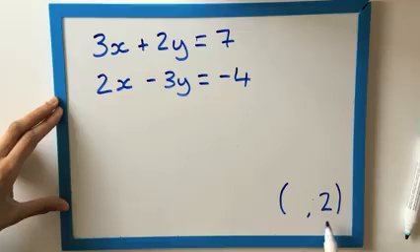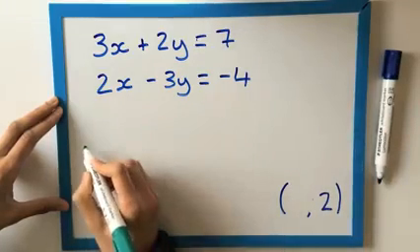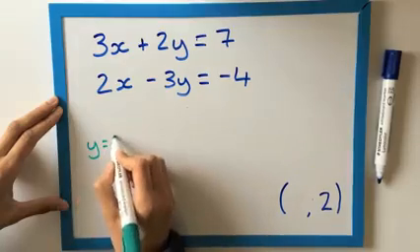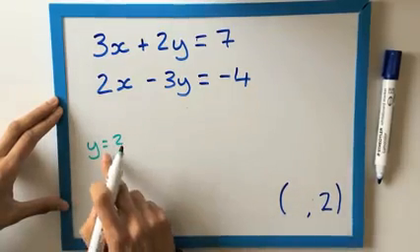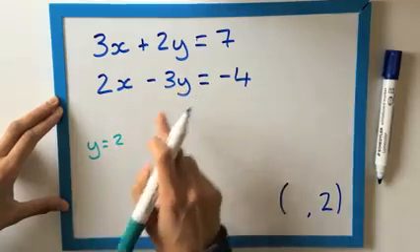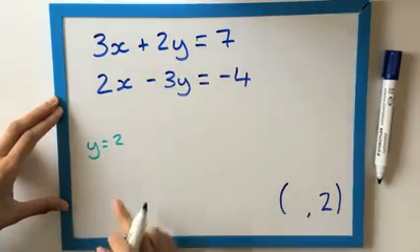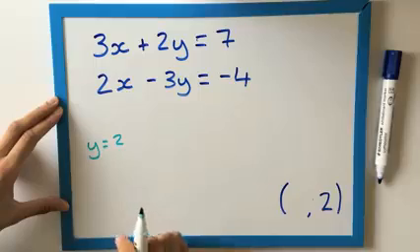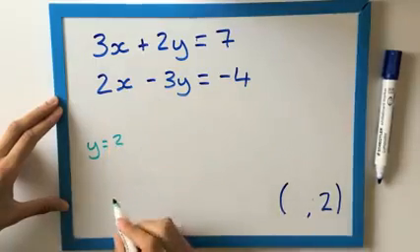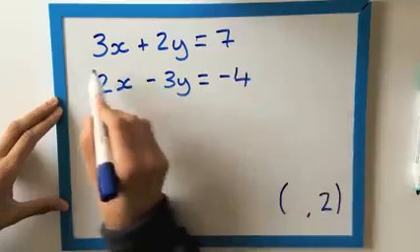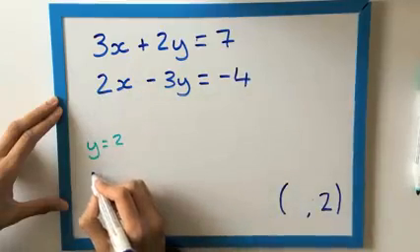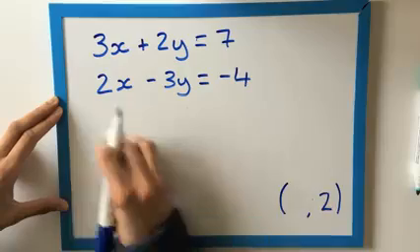Now the next step is to simply find the x point of the intersection of the two lines. Since we have our y point, which is 2, we simply need to substitute y into any of the two equations to get our x term. For this example, we'll use the second equation and substitute our value for y into that equation.